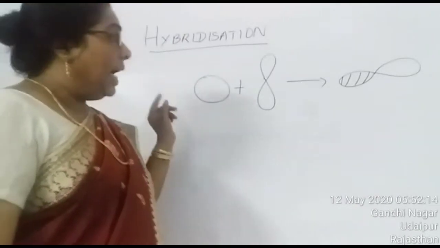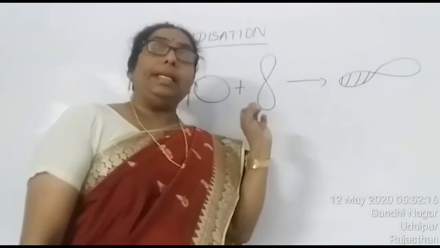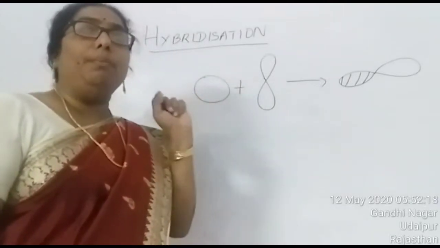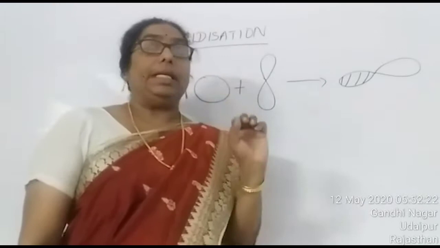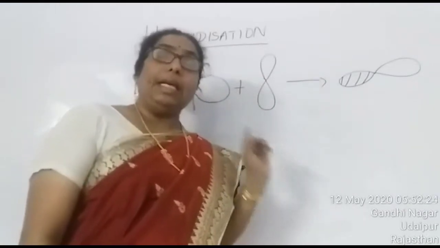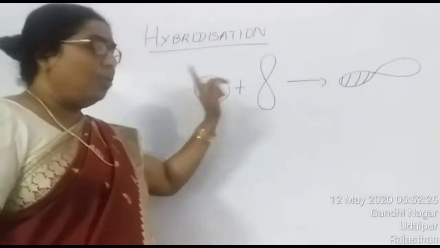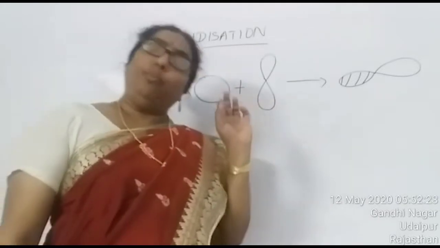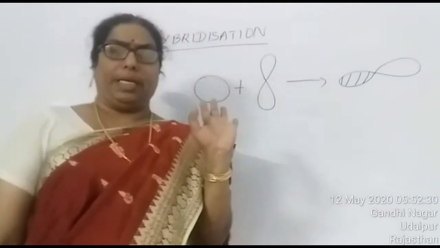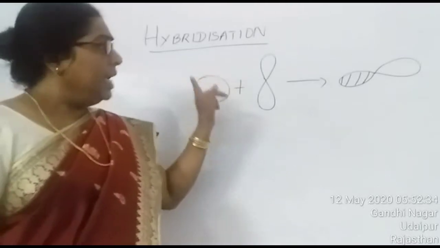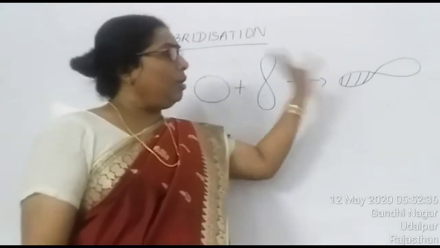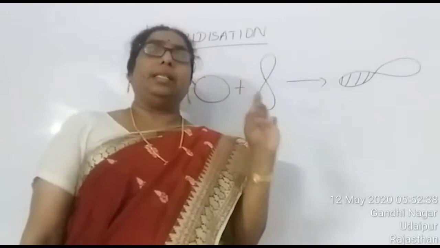Is it clear? Hybridization is the process of intermixing of two or more orbitals to produce an equal number of orbitals. If two orbitals undergo hybridization, as a result you will get two orbitals as the product.